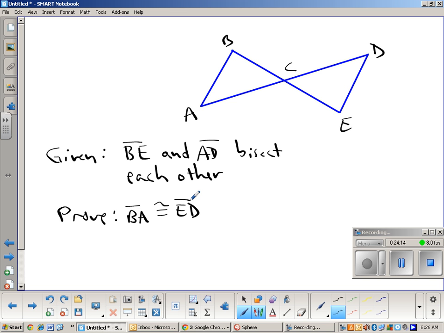You're given that segment BE and segment AD bisect each other. And we want to prove that segment BA is equal to, or congruent to, segment ED. Okay? We'll pause this while we work on that, and then we'll do it together.